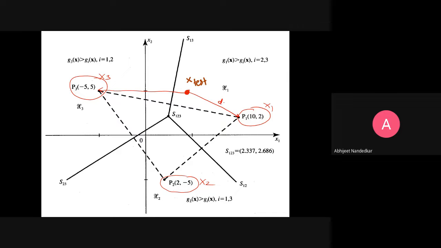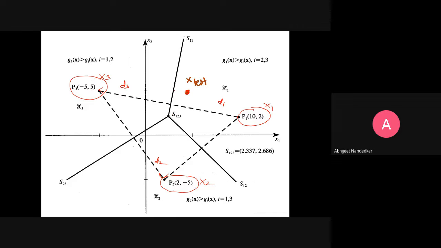This will be distance d1 to class 1, this will be distance d2 to class 2, and this will be distance d3. Visually, d1 is less than d2 and d3, so our decision should be class 1. We can verify this visually since this is a 2-dimensional case.